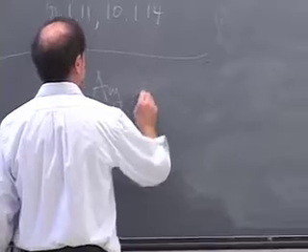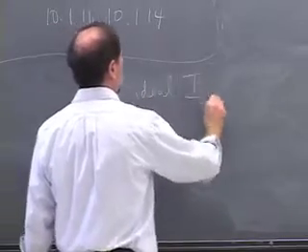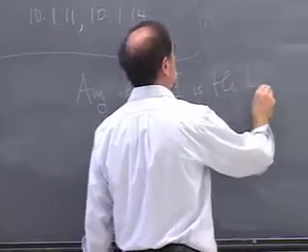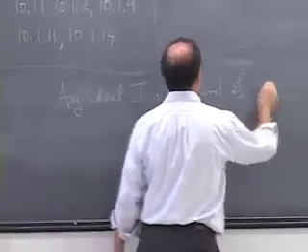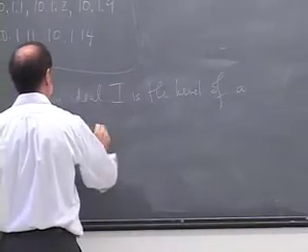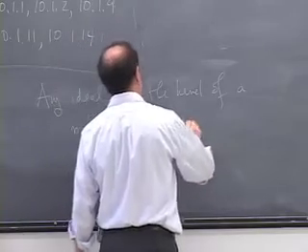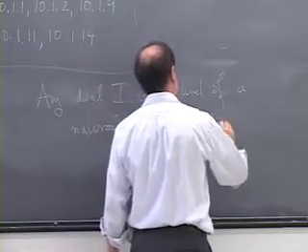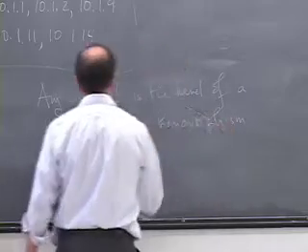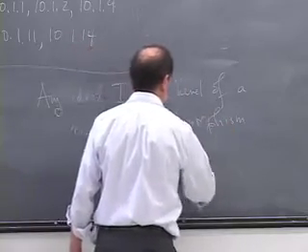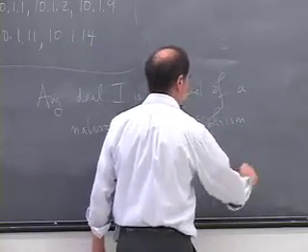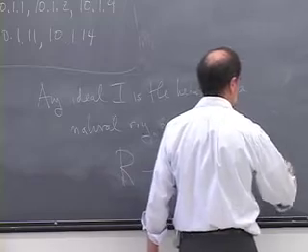Any ideal I is the kernel of a natural ring homomorphism to a new ring called R mod I, the quotient ring.